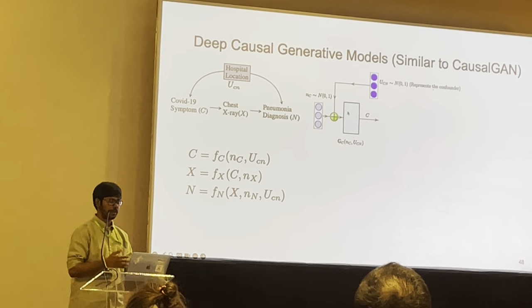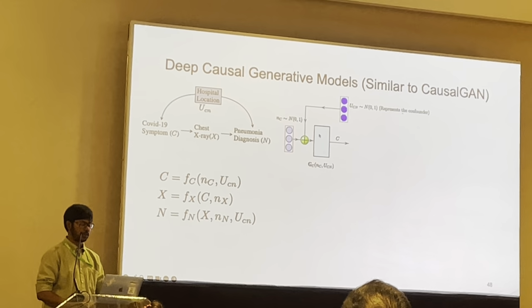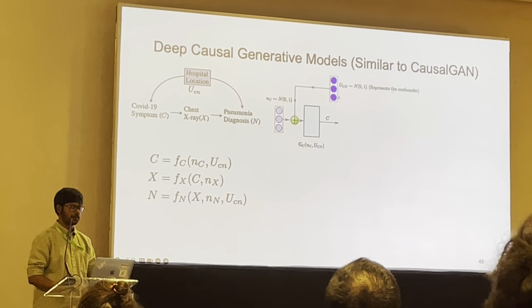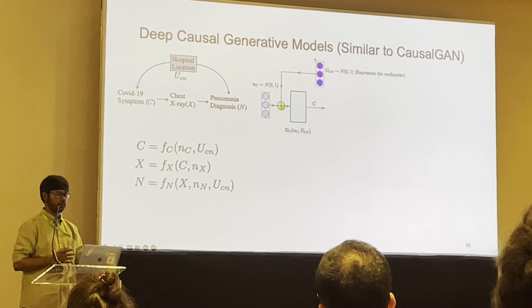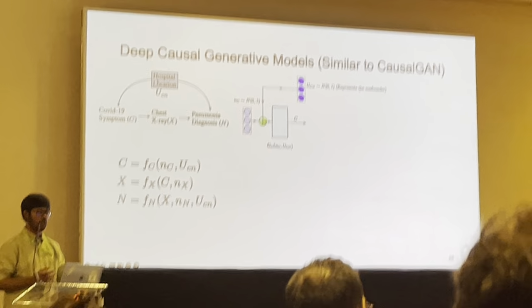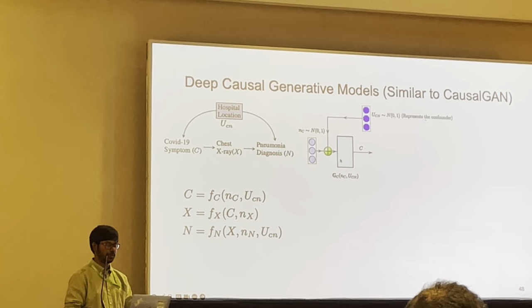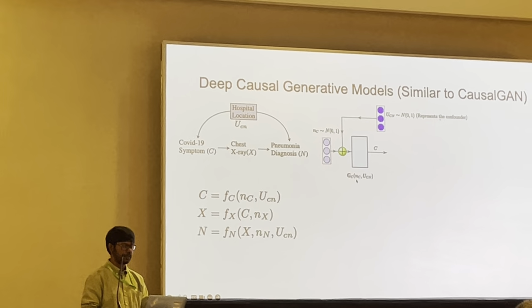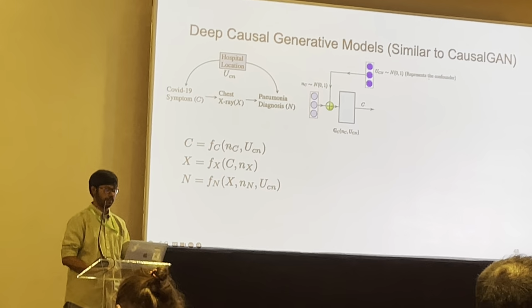So maybe we use a single multi-layer perceptron, MLP, that takes this Gaussian noise, and as I mentioned earlier, when we have an unobserved confounder, we have some Gaussian noise for that also. So we feed both sources of noise to this mechanism, and we generate C. So this G_C, this generator or GAN, will represent this F_C.